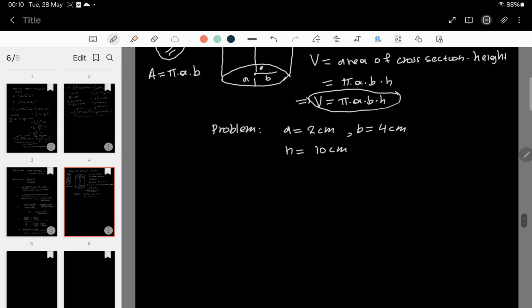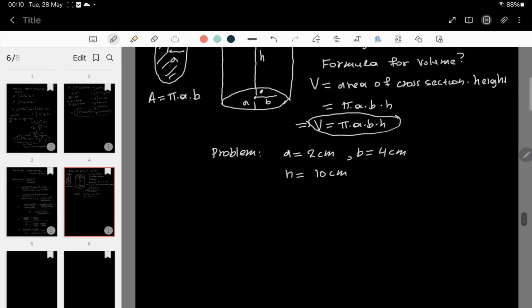Now let's see this following problem. The minor distance and the major distance are 2 centimeters and 4 centimeters respectively, and the height is 10 centimeters.